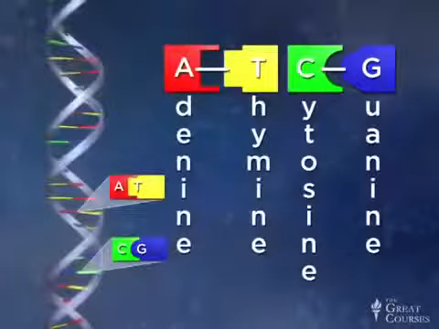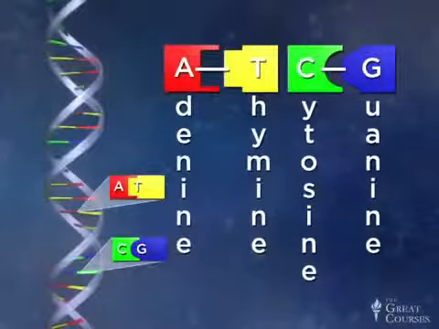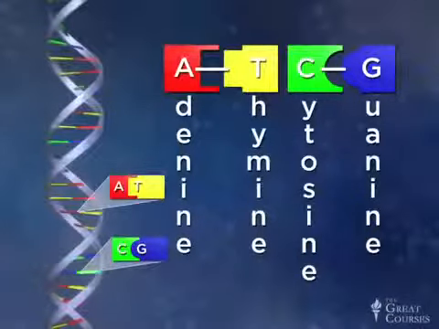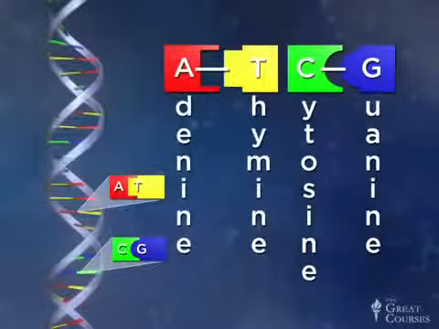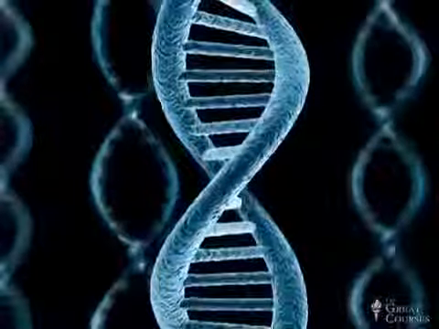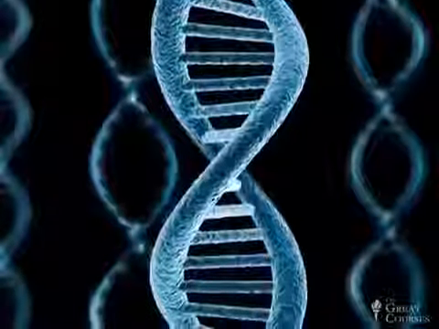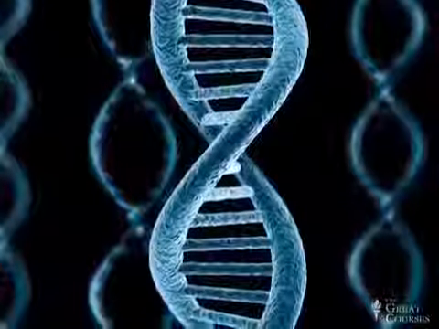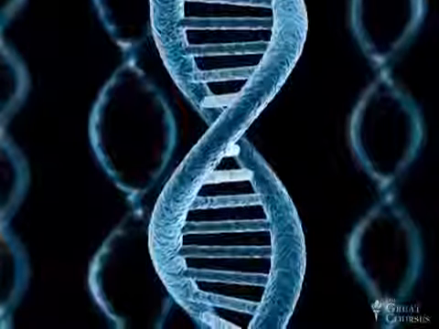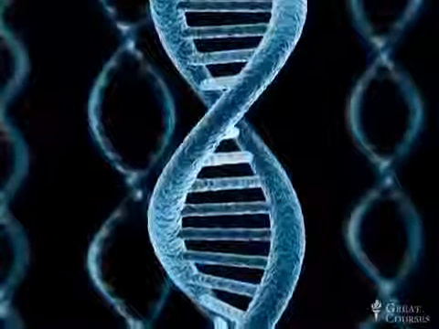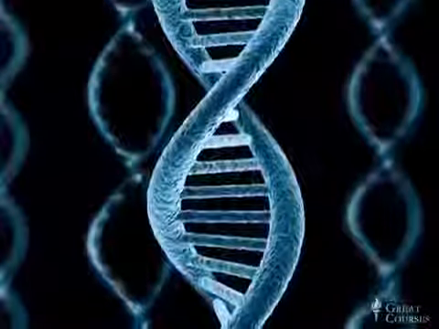It works every time. And even more amazing is that the way these bases are arrayed is what codes the genetic information required for life. So the pattern of bases found in a DNA molecule gives a cell a full set of instructions, so it knows exactly what to do to keep itself alive and healthy.